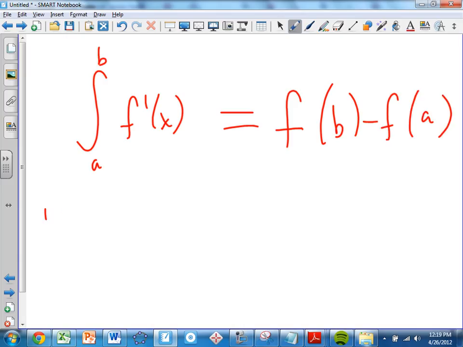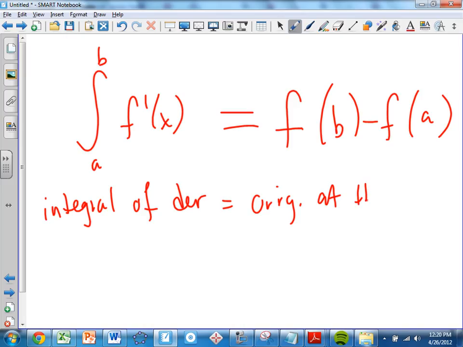Again, the integral of the derivative is equal to the original, which might be velocity, position, whatever it is, at the limits. Again, the integral of the derivative is equal to the original evaluated at the limits. This will come up over and over again.